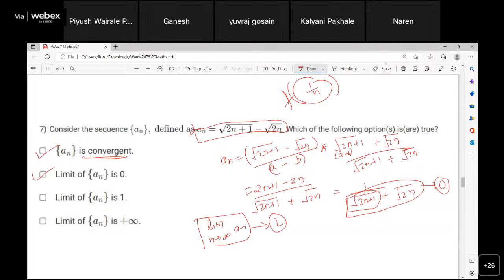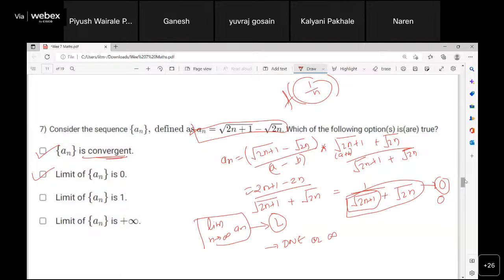In this case, I'm getting the value 0 if I put n equals infinity. And when the limit of an as n tends to infinity does not exist or is infinity, then we can say that an is divergent.